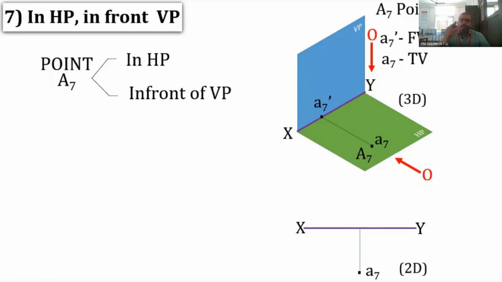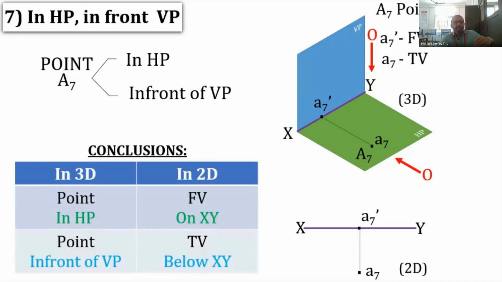So now in the 2 dimension, we can draw a line which is perpendicular to the XY line and measure the distance of the point A7 from VP and mark A7. That is the top view. And the front view will be lying in the XY line. So conclusions, if the point is in HP, the front view will be on XY. And if the point is in front of VP, the top view will be below the XY line.